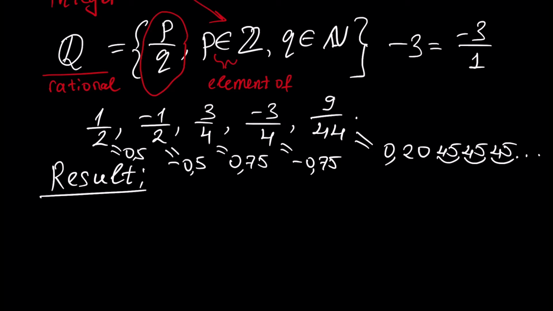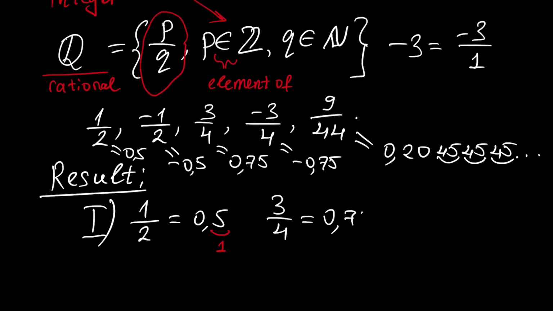The result is that any rational number can be represented as a decimal number in two cases. The first case is that it has a finite number of digits in its decimal representation. For example, 1/2 is 0.5, so it has one digit after the floating point. 3/4 is 0.75, so it has two digits after the floating point, and so on.